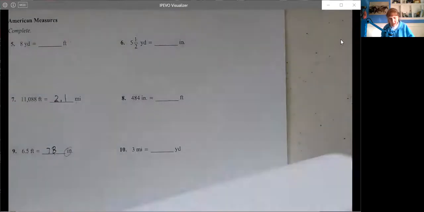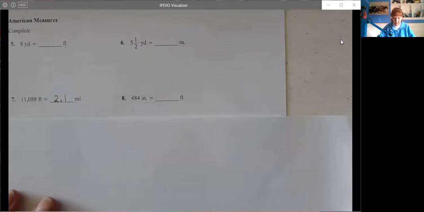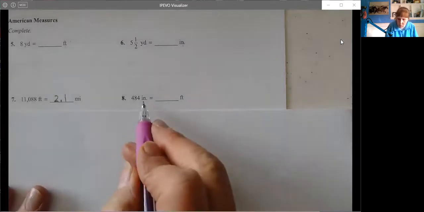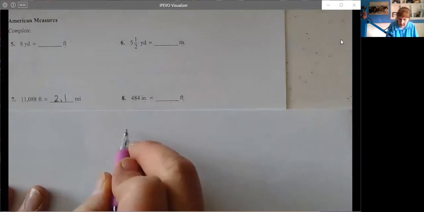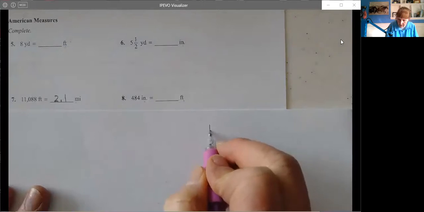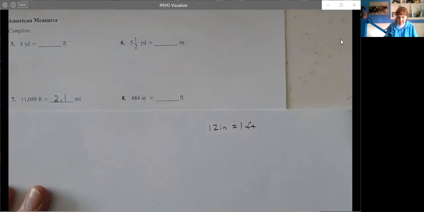All right, well, let's go ahead and look at another one. Ooh, there's one there. Here, we want to go from inches to feet, which means we have 12 inches and 1 foot. Perfect.